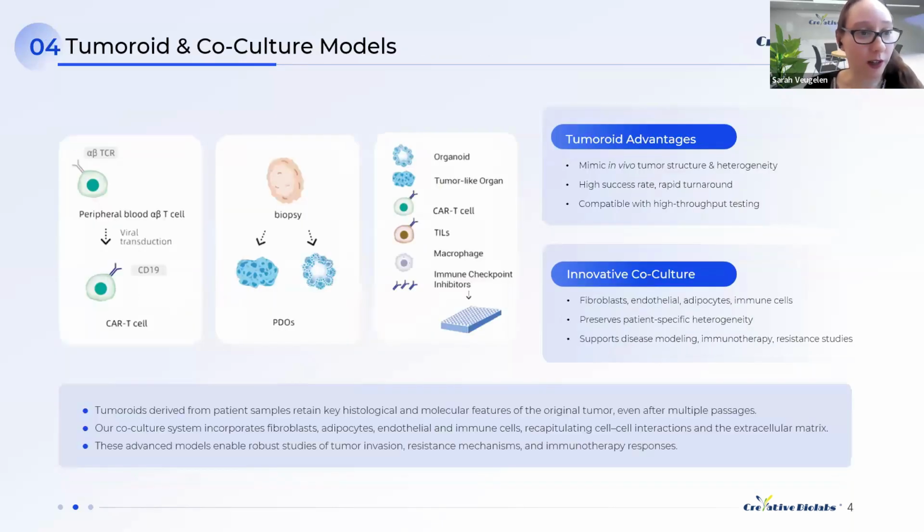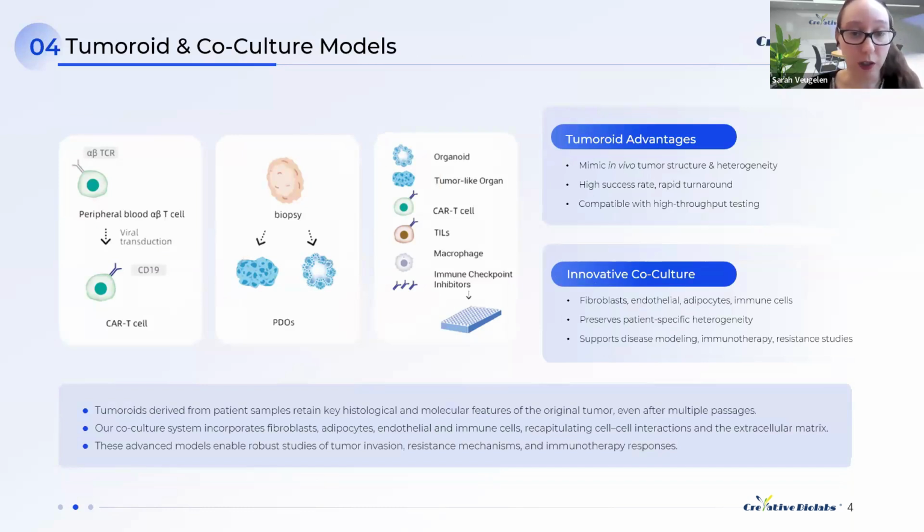In addition to this in vivo model, I would like to highlight that our tumoroid models provide many advantages. They can mimic the in vivo tumor structure as well as heterogeneity better. They have a high success rate and rapid turnaround, and they're compatible with high throughput testing.